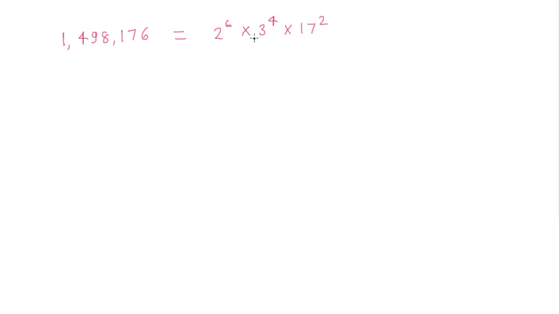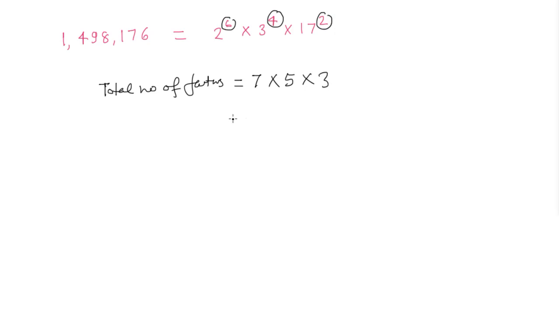So as per our formula, the total number of factors equals the product of successors of exponents. So the successor of 6 equals 7, times the successor of 4 equals 5, and the successor of 2 equals 3.